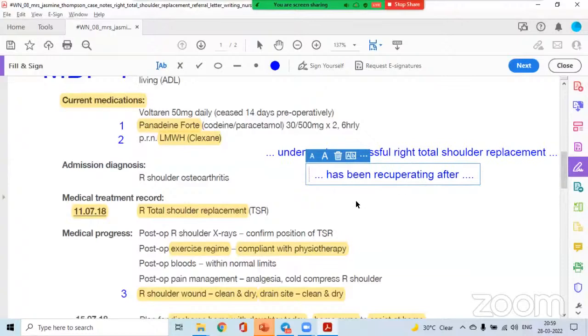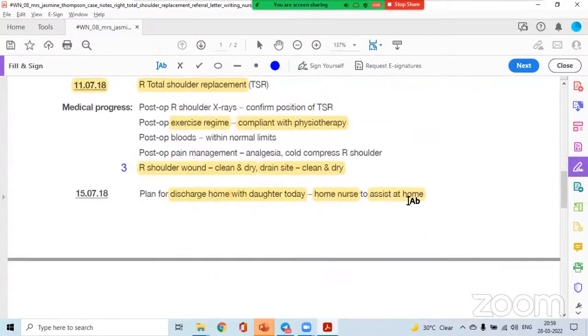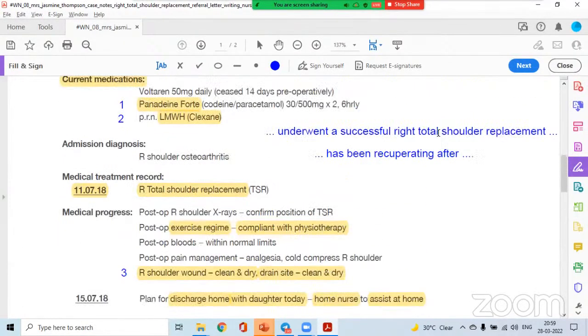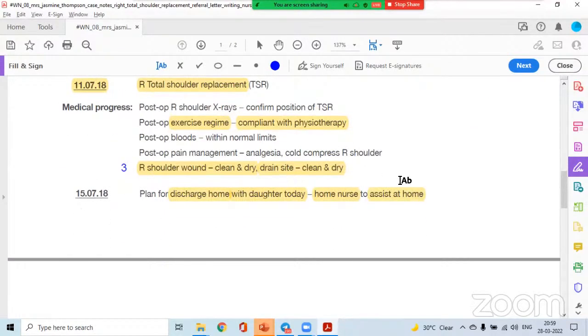Or she was admitted for right shoulder replacement. Anyway, you can write. That's not a problem. But be very careful what you are writing. Right total shoulder replacement, this is the most important thing. Normal, confirm, everything is perfect. So no need to talk about these things. Analgesia, cold compress, afterwards, no need.